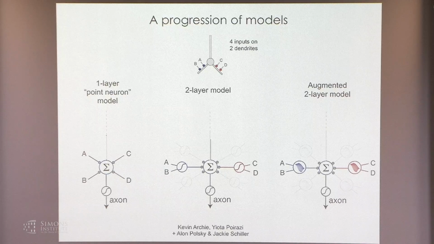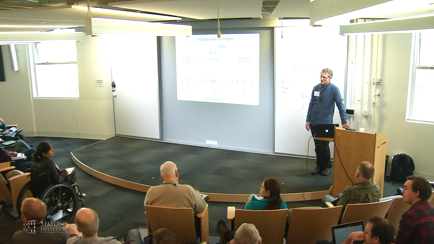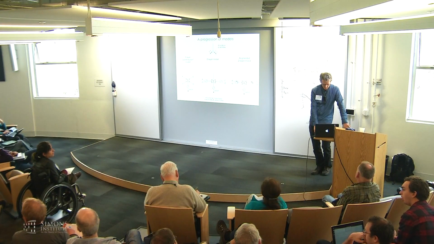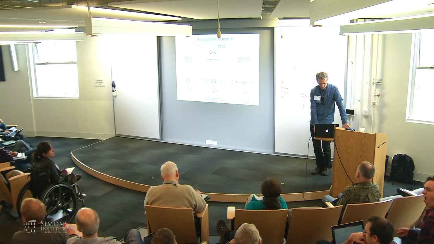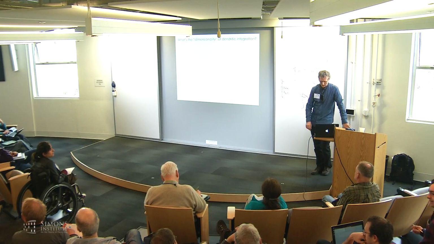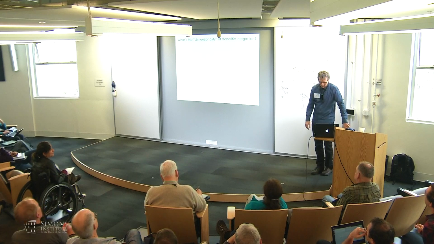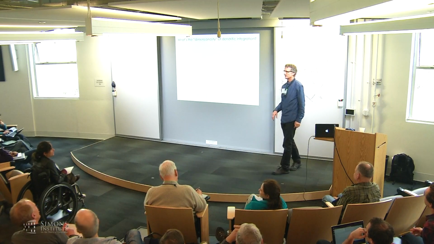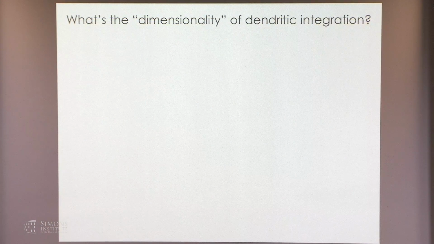Yes? Right now you talked about two inputs to the dendrite. So what happens in the limiting case when you have hundreds or thousands of these together? Is it exactly the same picture, but multidimensional? That's the exact next thing I'm talking about. If you have one input, you can get different sigmoids depending on location.